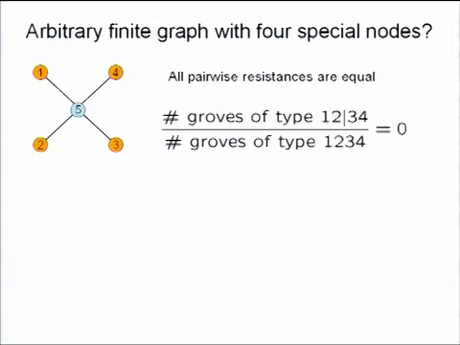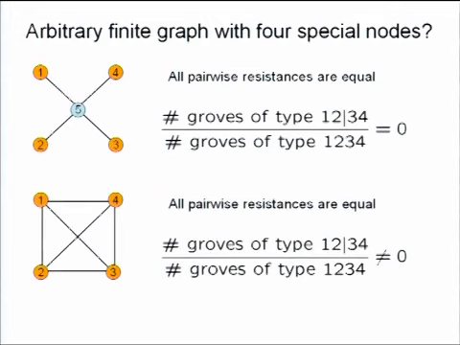Okay, speaking of 4 nodes, here's a graph with 4 nodes. And all the pairwise resistances are equal. But nonetheless, in this graph, the number of groves where 1 and 2 are connected and 3 and 4 are connected, but separate from each other, is 0.